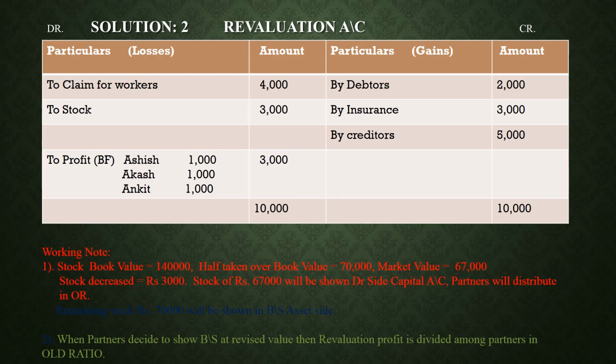Another very important adjustment is regarding assets taken over. In this, half the stock is taken over for rupees 67,000. बुक वैल्यू स्टॉक की है 1,40,000. स्टेप नंबर 1 में हम स्टॉक की वैल्यू 1,40,000 को 2 पार्ट्स में स्प्लिट करेंगे, दैट इज 70,000 ईच. उसमें से एक 70,000 पार्ट has been taken over by the partners for 67,000. तो 3,000 फर्म को लॉस है.